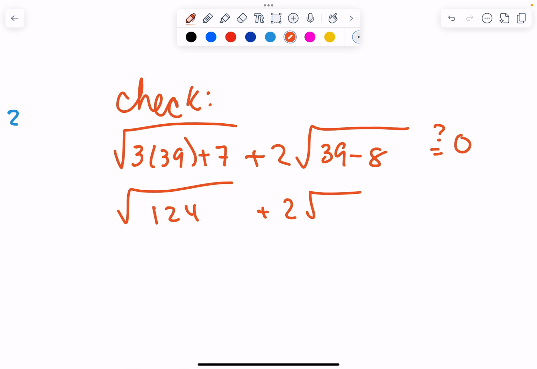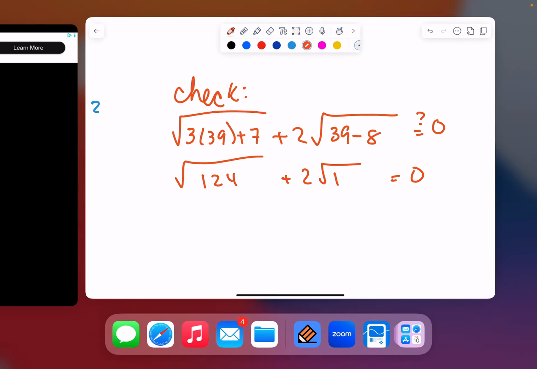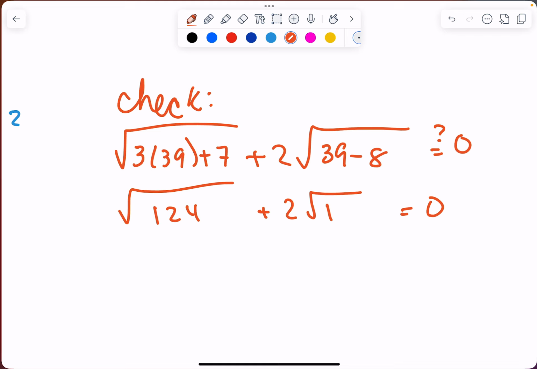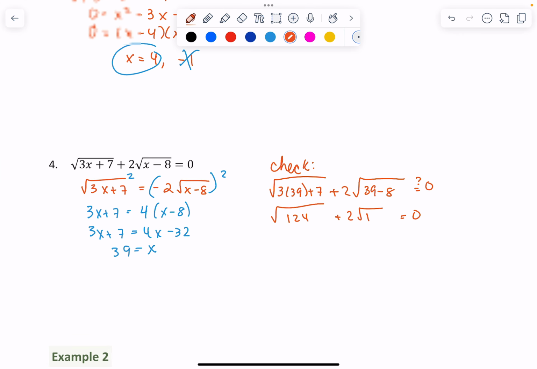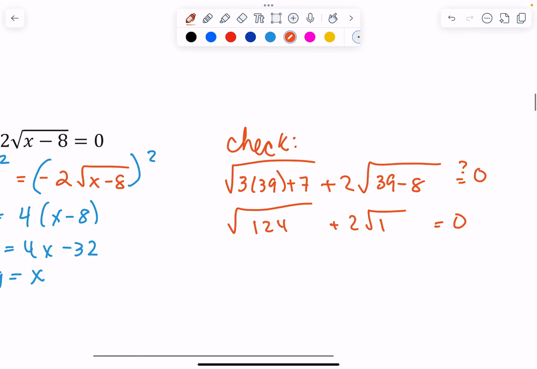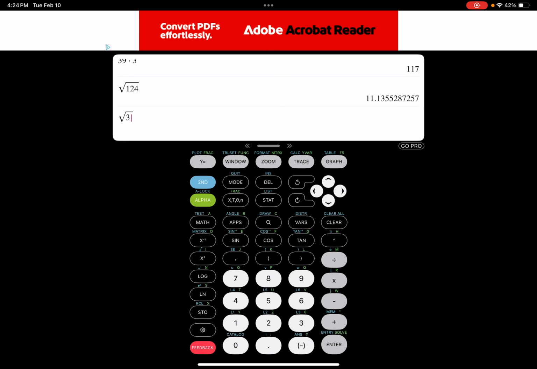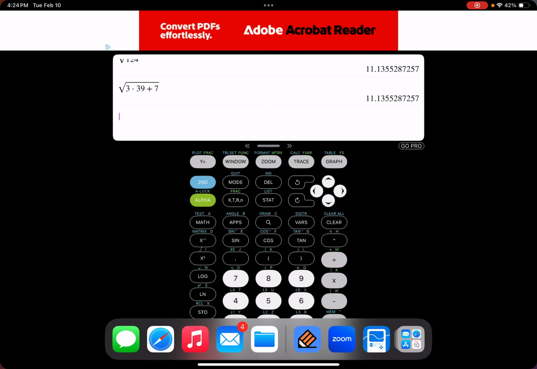And then 39 minus 8 is 1. Square root of 124. Did I do that right? 3 times 39 plus 7. Let's double check. Yep, that's what it's saying.